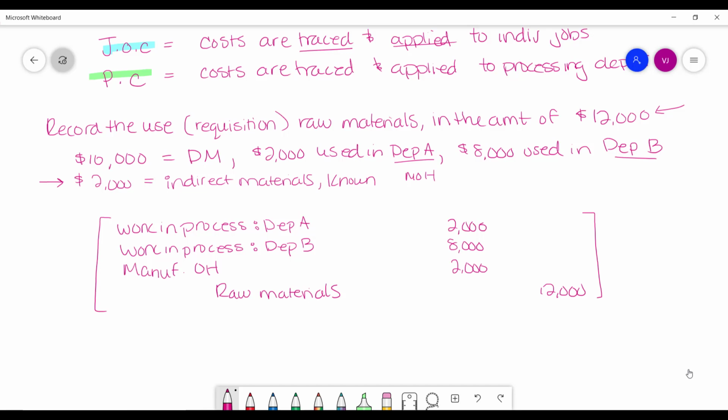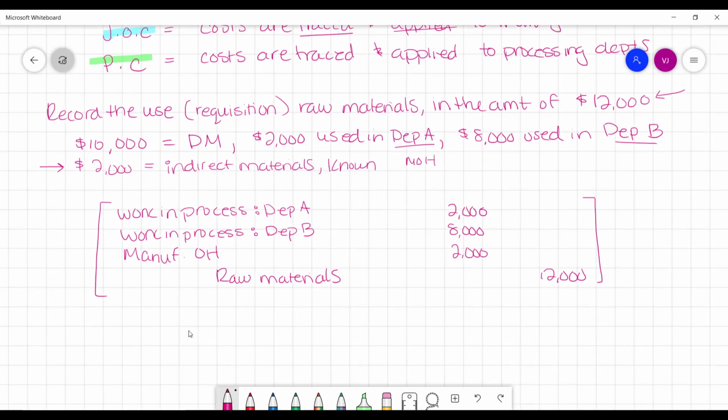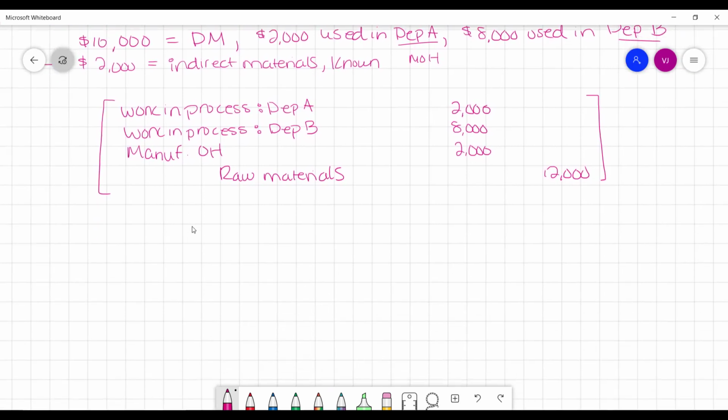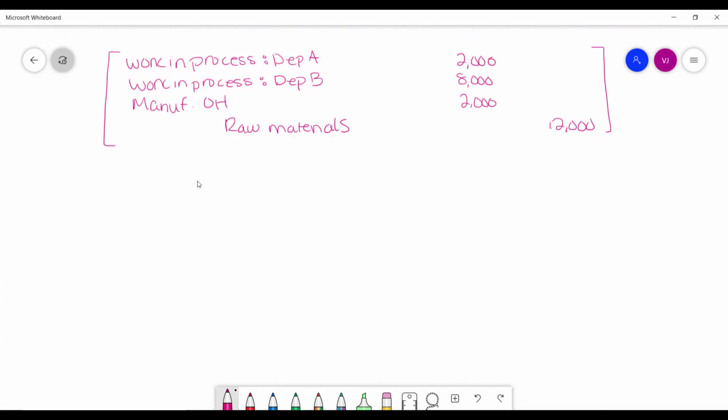If this was job order costing, we would have put that 8 and the 2 together and dumped the $10,000 into one work in process account. But here we're working with multiple departments. So that's how we would record and journalize the use of raw materials in production amongst the different accounts, including indirect materials as well. So what about labor costs?